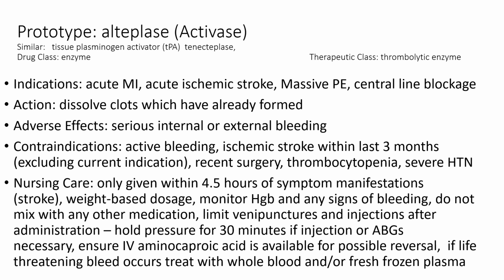Sometimes, as a last-ditch effort, if someone has a massive blood clot in their lung and they're dying, sometimes we'll inject a thrombolytic to try and break up this massive pulmonary embolus. Okay, so those are the most common reasons for using it, to dissolve a clot that's already formed. The adverse effect, very serious internal or external bleeding.